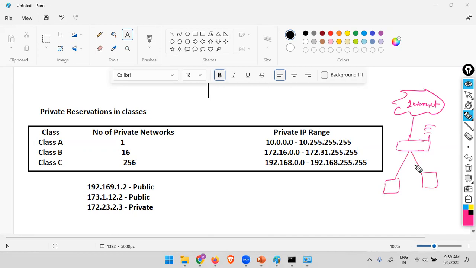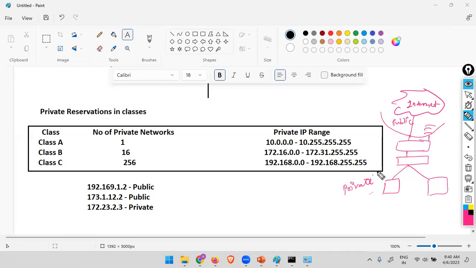So in my local area network, let's say I have connected a switch also here. And with the switch, I have connected the devices. Now here I'm using private IP. And this side, on the internet side, I'm using a public IP.